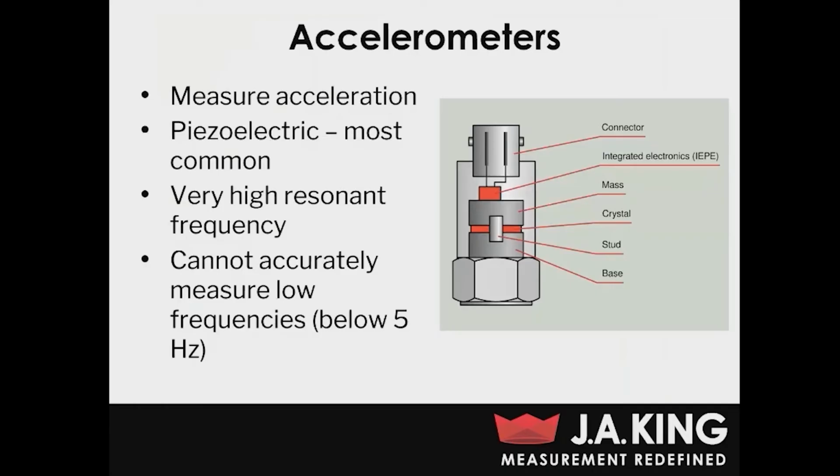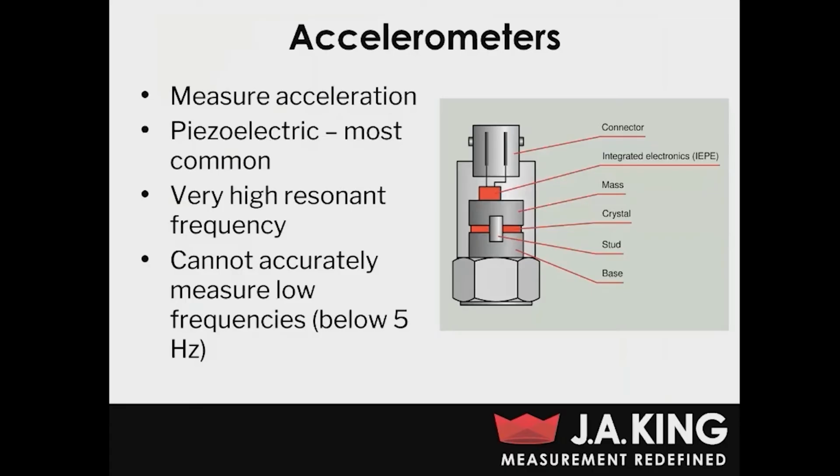And the reason we like to use these piezoelectric accelerometers is because they've got very high resonant frequencies. And this is really helpful because it means you can use these accelerometers for a wide range of vibration tests. One of the main downsides to these is that they cannot measure very accurately at low frequencies. So pretty much anything below 5 hertz, they're not going to be very accurate.